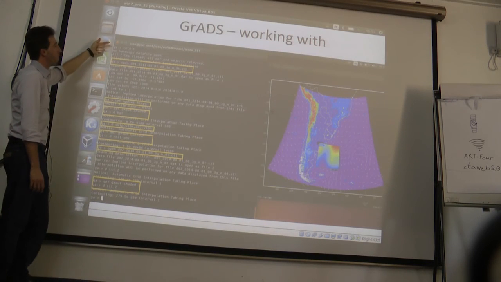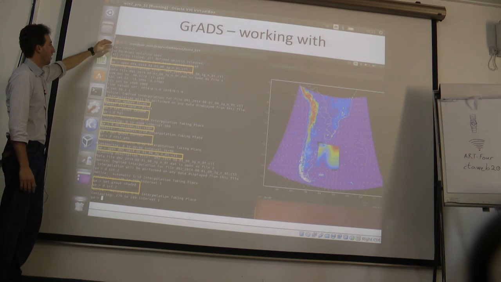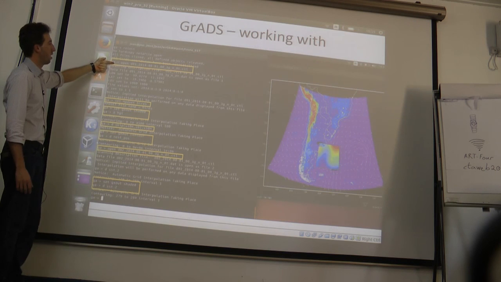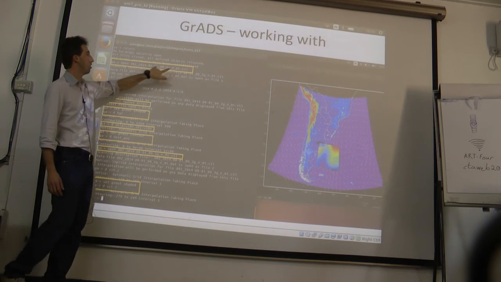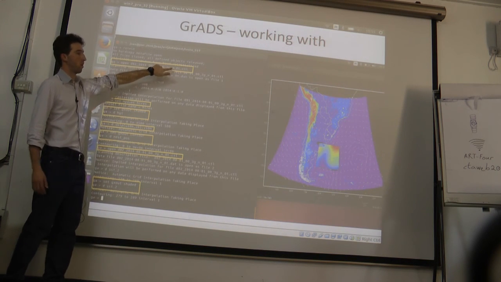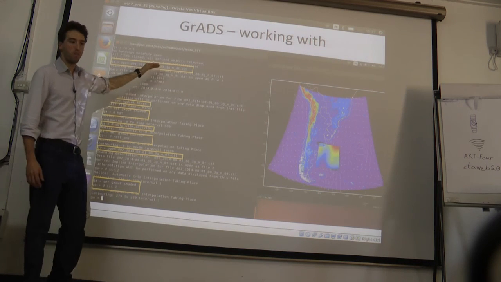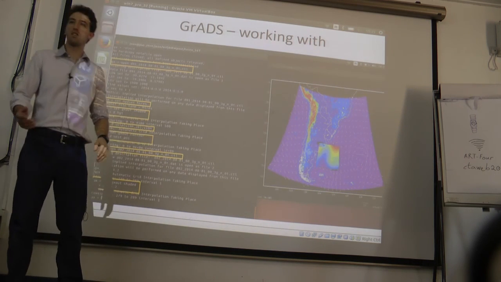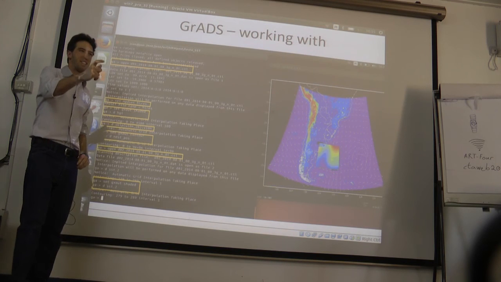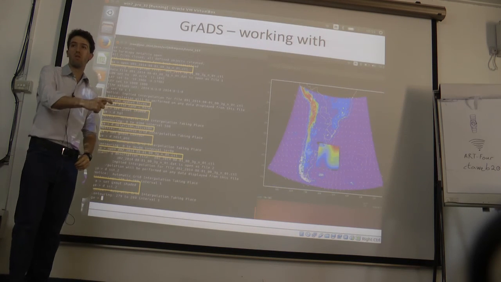So, for example, this will create this image. I just open GrADS, and then I open the file, the WRF output. Something important here: GrADS doesn't read the NetCDF file from the WRF output directly.